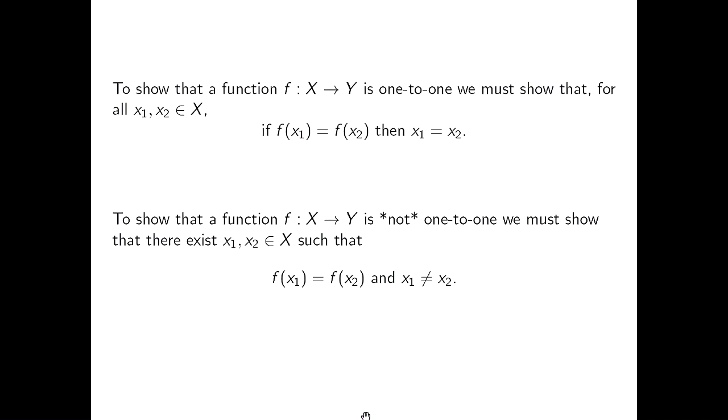Okay, so to show a function is one-to-one, prove that for any two things in its domain, if the outputs on those two things are equal, then the things must be equal. To show it's not one-to-one, find, and this is sort of our logic negation stuff, a case where you've got two different things with the same output.